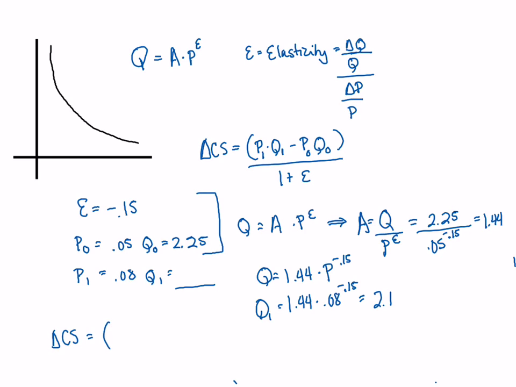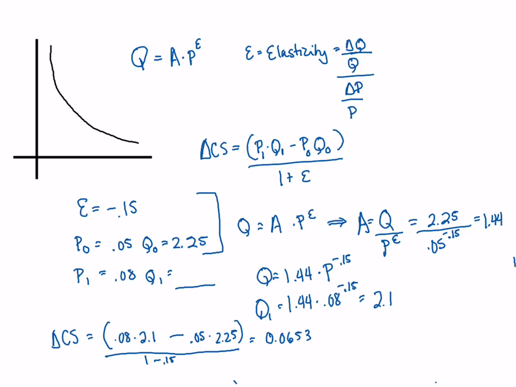All right, and now we're ready to calculate the change in consumer surplus. It's equal to 0.08 times 2.1 minus 0.05 times 2.25, all over 1 plus the elasticity, which is negative, so negative 0.15, and this is approximately equal to 0.0653.